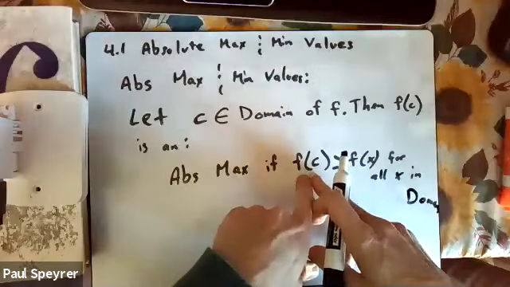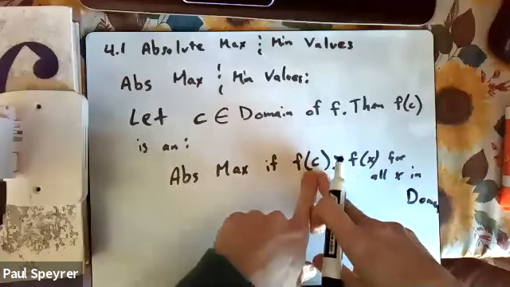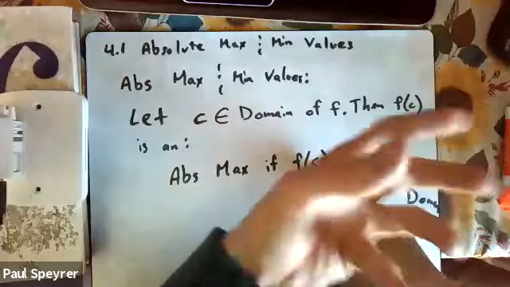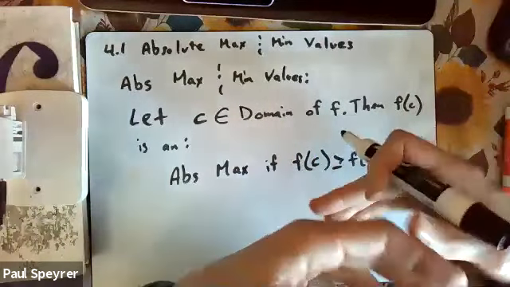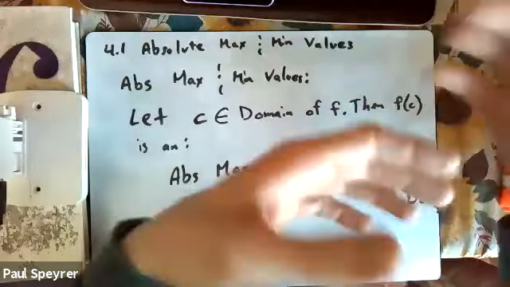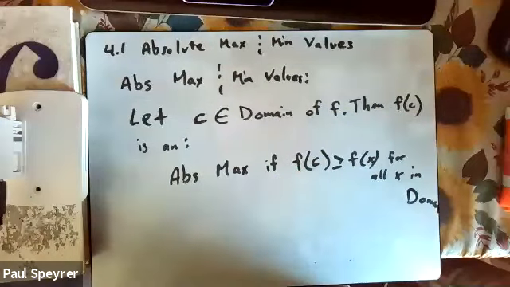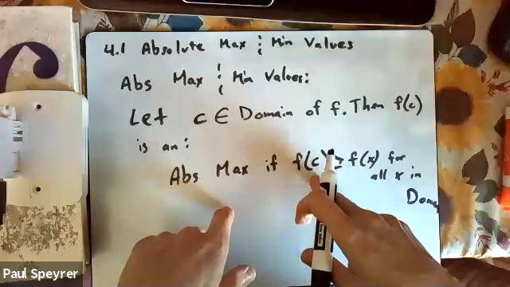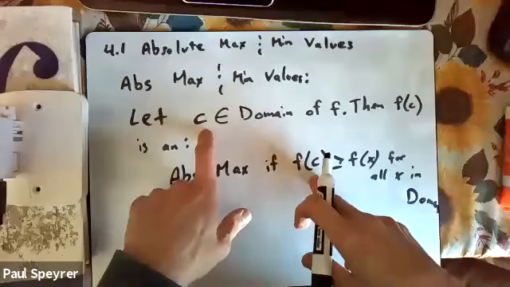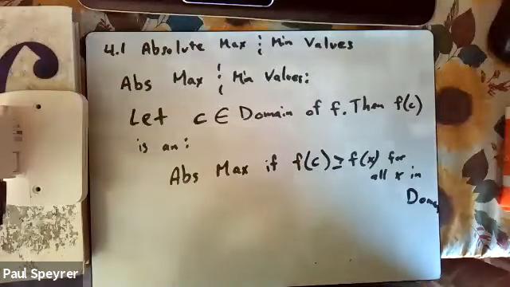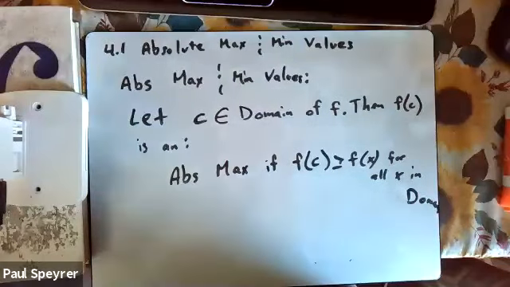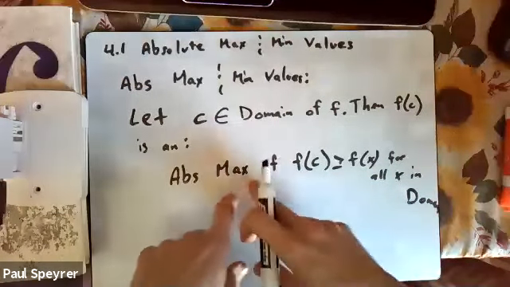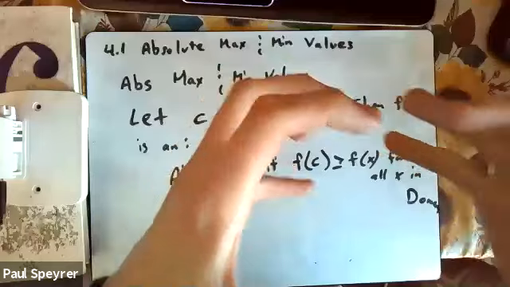So basically, if that X value that you plug into your function has the largest Y value within that domain, the absolute largest possible Y value, then we say that that particular X value, the C, winds up being the absolute max. Think about it, absolute means the most, right? The most max within some domain interval.